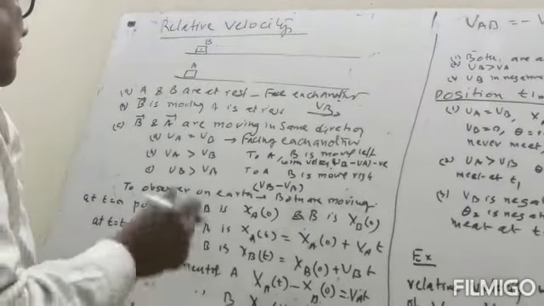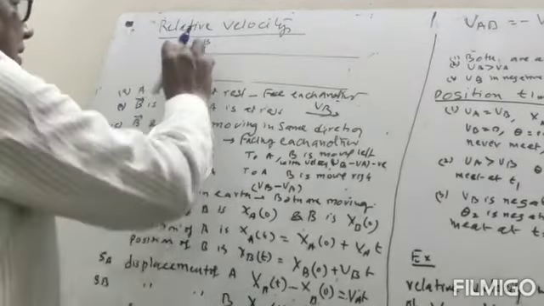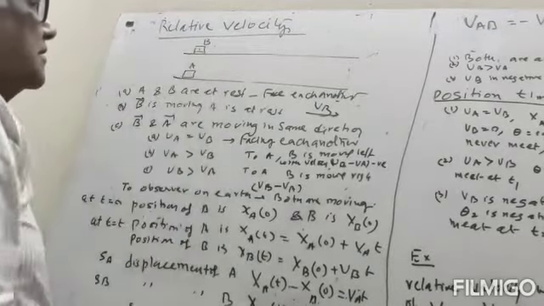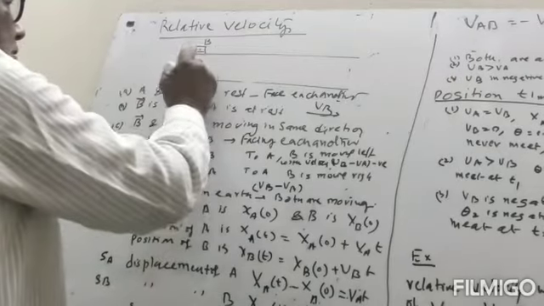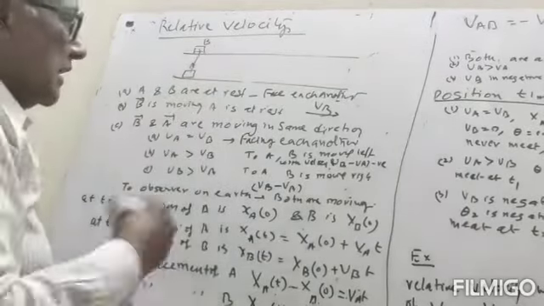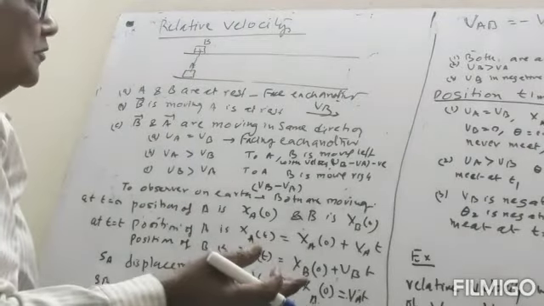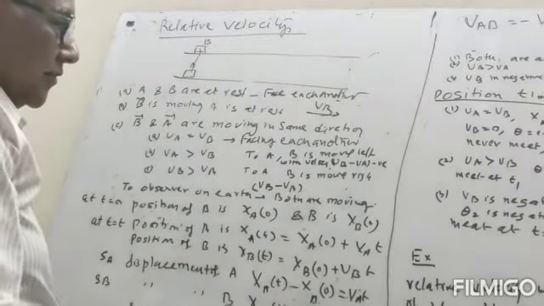Number one case, when A and B both are at rest. When A and B both are at rest, they will be facing each other. It means there is no relative motion, no relative velocity.